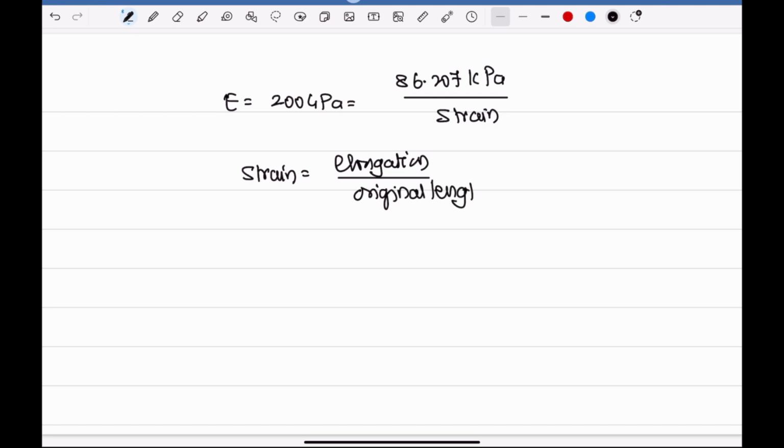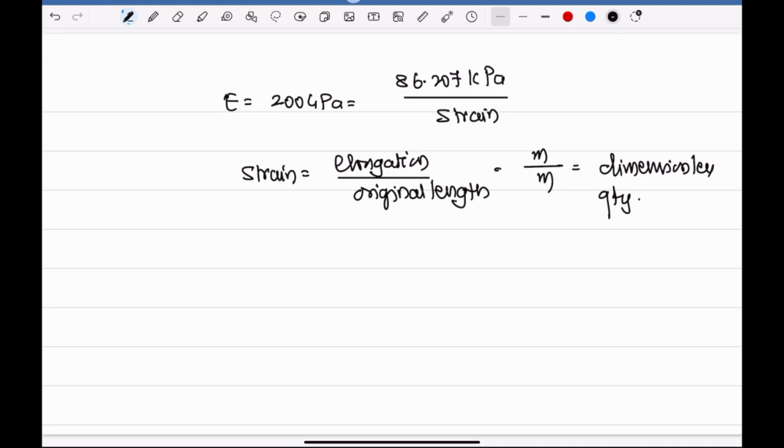Elongation is in meters, gauge length is in meters, so it is a dimensionless quantity.